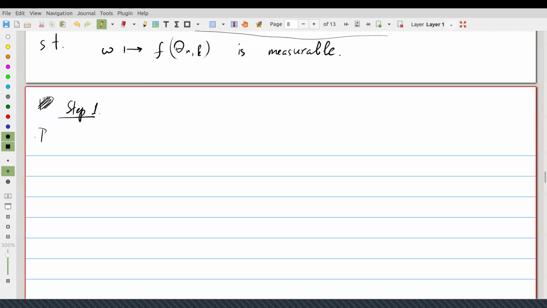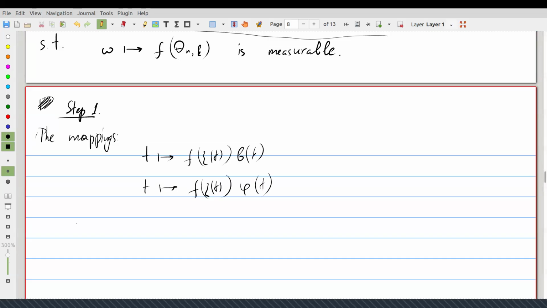So let's start from the following. Let's consider two mappings. The first takes t to f of psi of t, b of t, and the second takes f of psi of t to phi of t. They are bounded independently of omega.